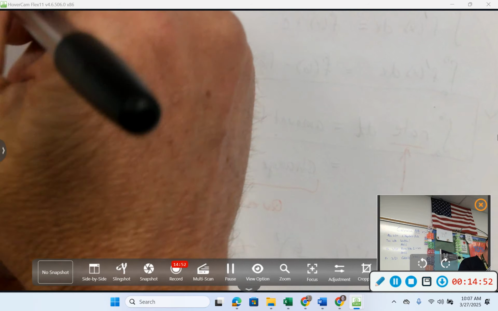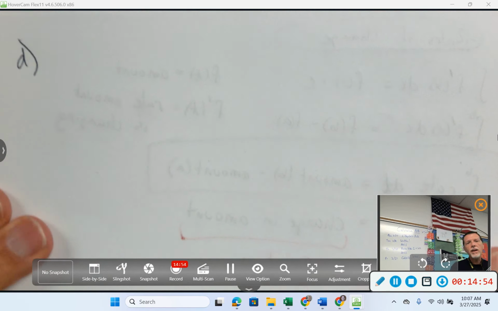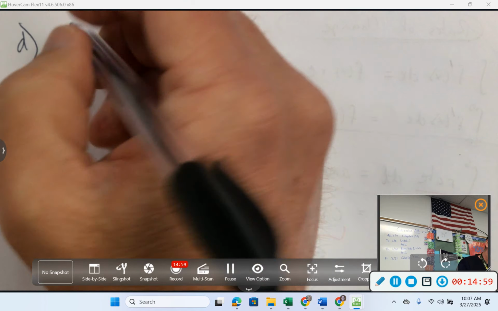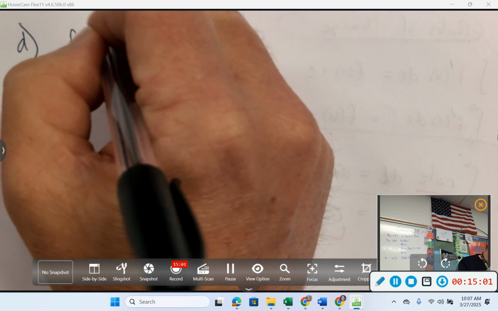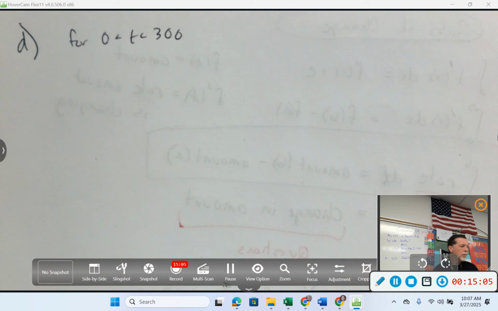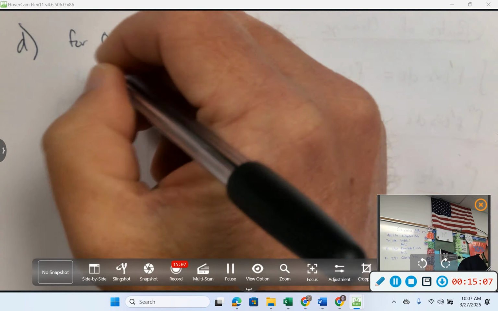Part D. For 0 to 300, at what time is the number of people in line a minimum?